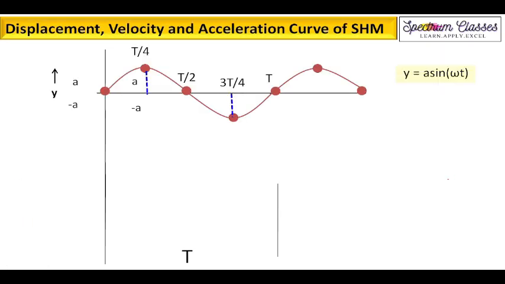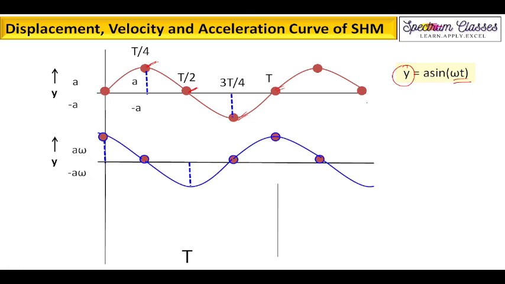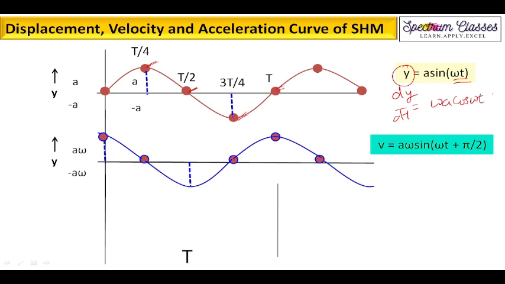Now on comparing the graph with displacement, here y is equal to a sine omega t. On putting value 0, we get 0, and on putting pi by 2, we get the maximum. At pi it is 0, at 3 pi by 2 it is negative, and at 2 pi it is 0. Similarly, we are going to compare it with velocity. For velocity, if I take dy upon dt, what will I get? I will get omega a cos omega t.